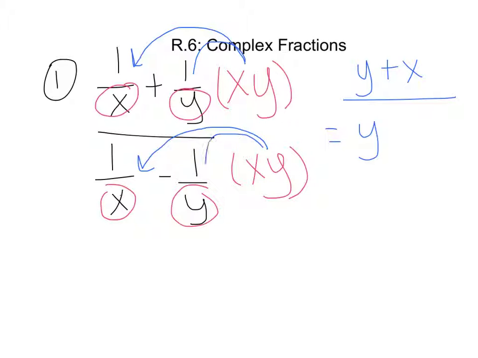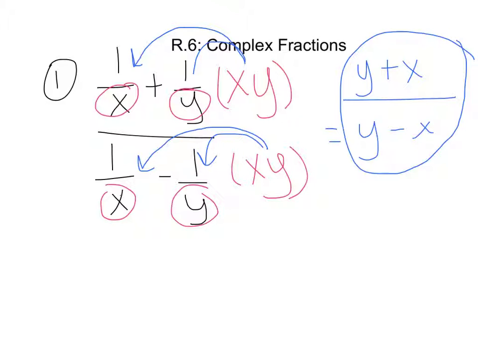And when this xy goes to 1 over y there, I just have an x on top. If I could simplify this any further, I would, if it was a quadratic that needed to be factored or something, but that is as much as I can do.